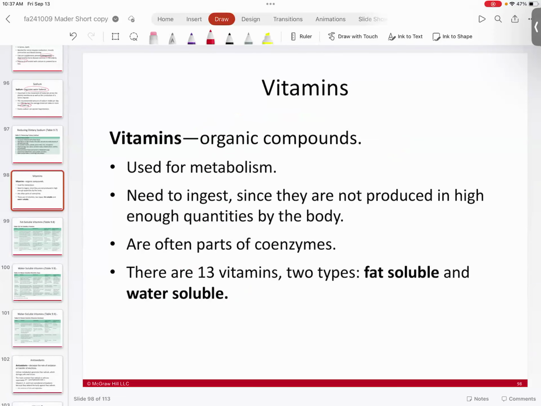Okay. Now, vitamins are organic compounds, which basically means they're carbon containing. So they're typically involved in metabolism of various types. We don't have a lot of them, but they typically are coenzymes. That means they assist enzymes in our chemical reactions.